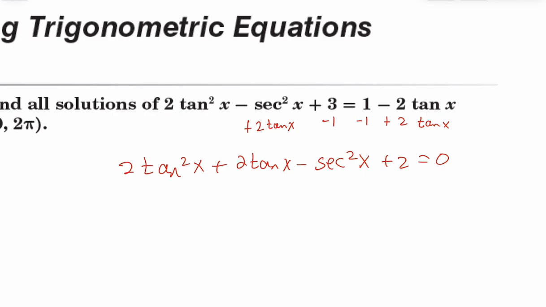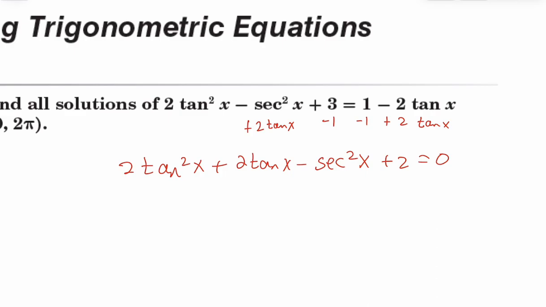Now if this wasn't here, and this middle thing had both a secant and a tangent in it, it might be factorable the way that it sits. The way that it is right now, there is no way to solve this equation. It's a 2-variable equation, a secant and a tangent, and so we can't solve it. You just can't. So here's what we have to do.